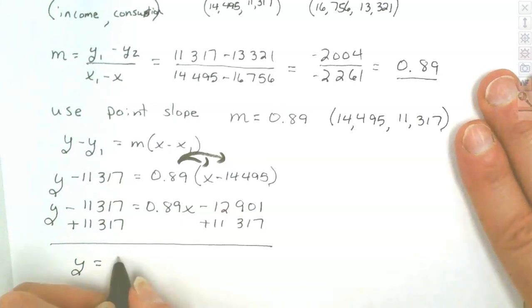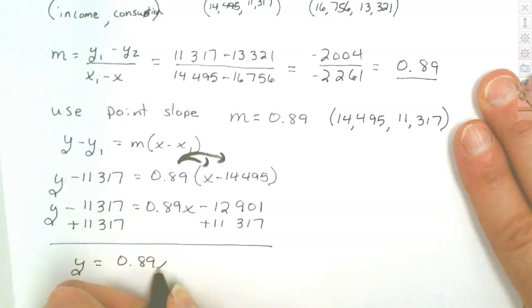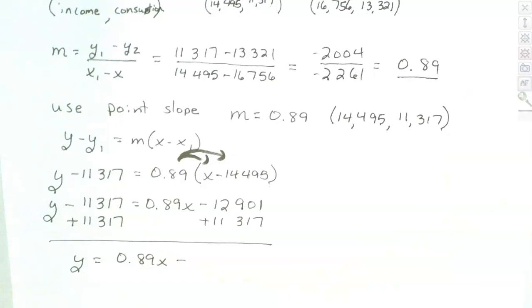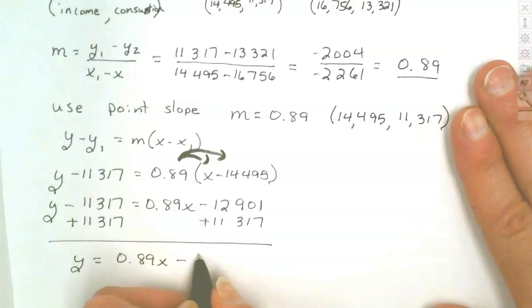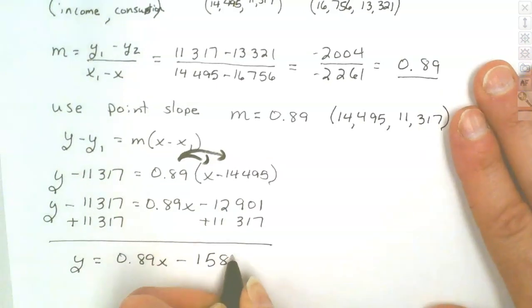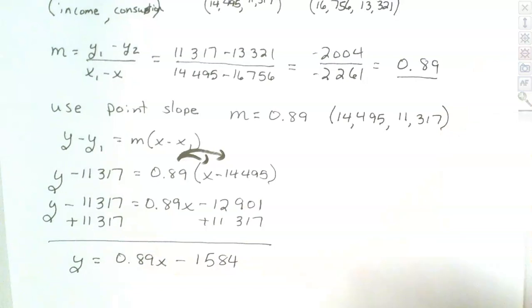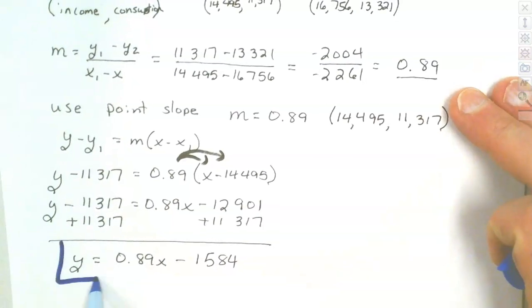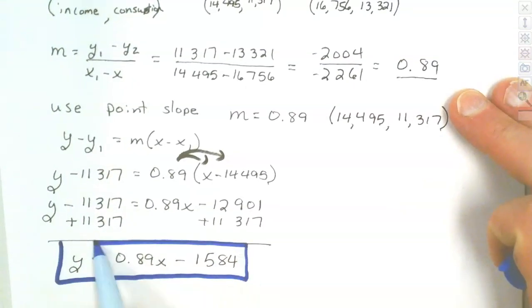So that is y equals 0.89x minus 1584. And you could leave it like that, or you can write it with the I and the C.